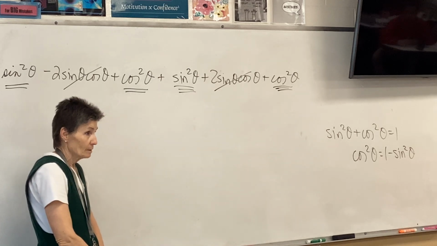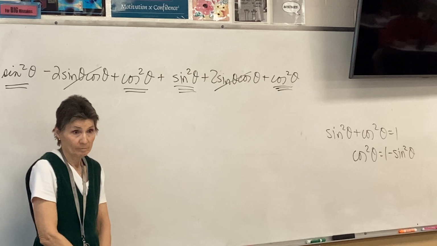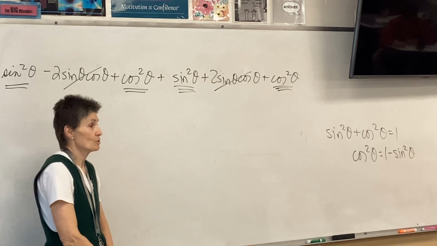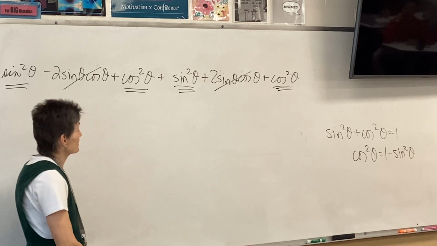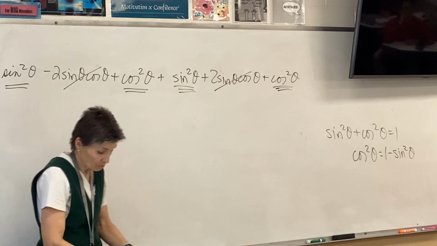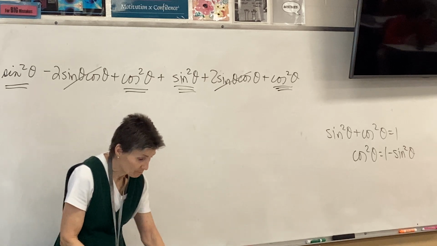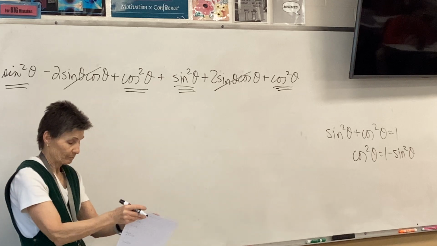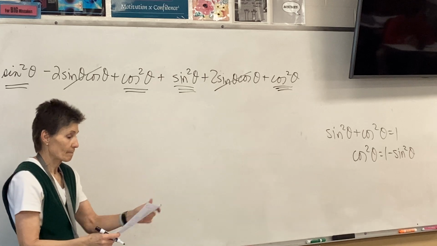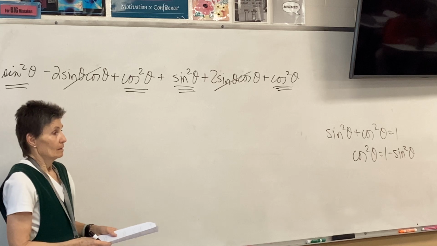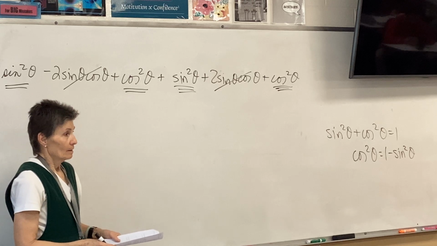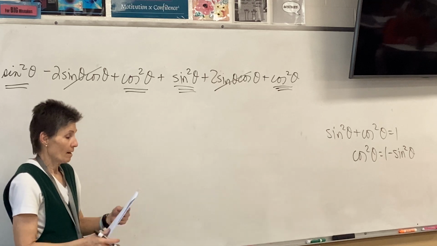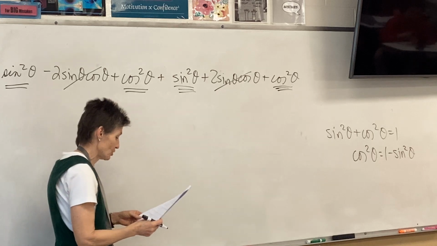Another 1. So what does this one equal? 2. The answer is just 2, because sine squared and cosine squared always add up to 1. Okay? Alright, let's take a look at the next page.